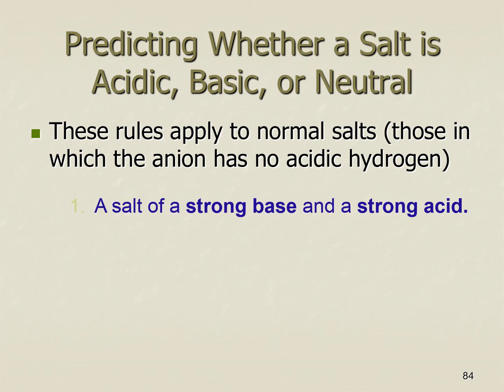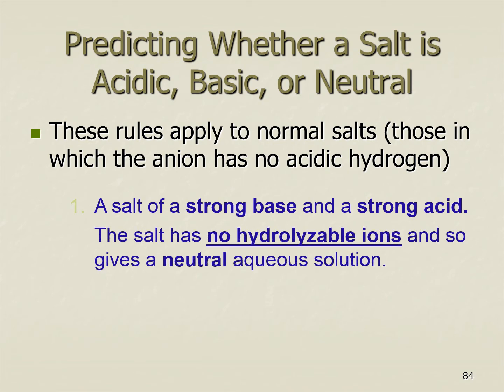First of all, if you have a salt where the positive ion comes from a strong base and the negative ion comes from a strong acid, the salt has no hydrolyzable ions, and so we'll have a neutral aqueous solution. An example of this is NaCl.